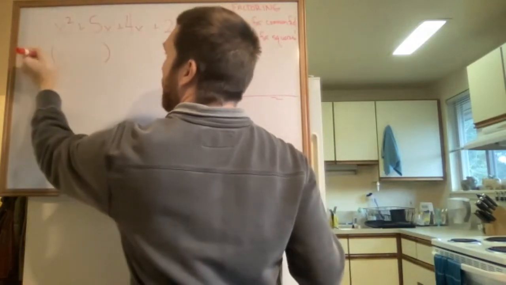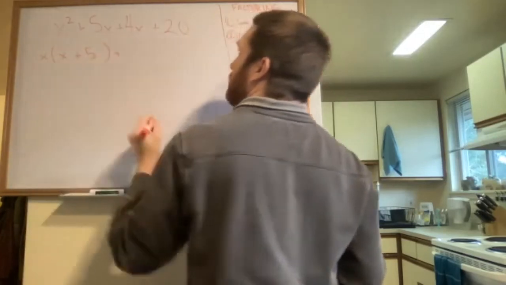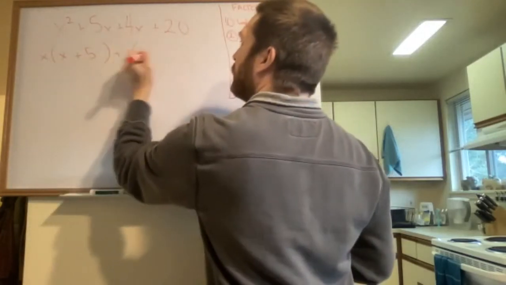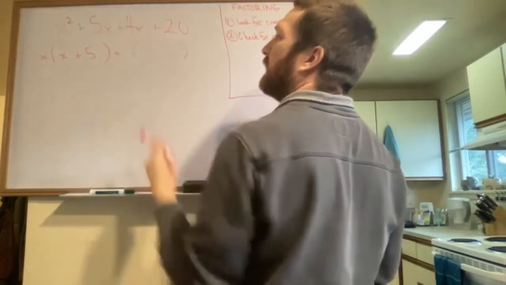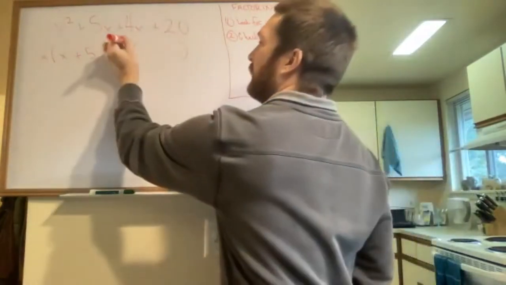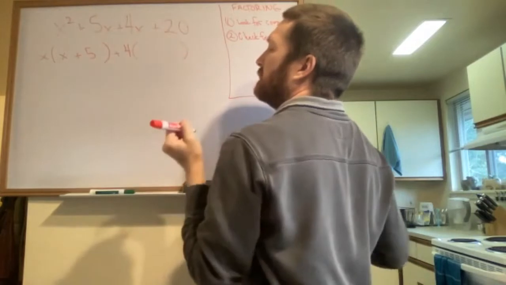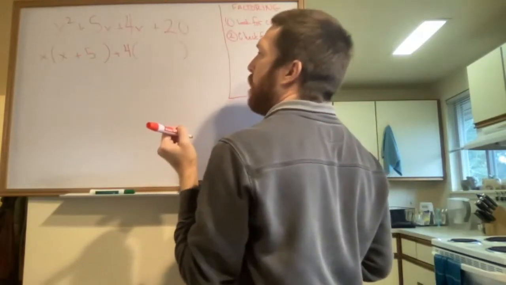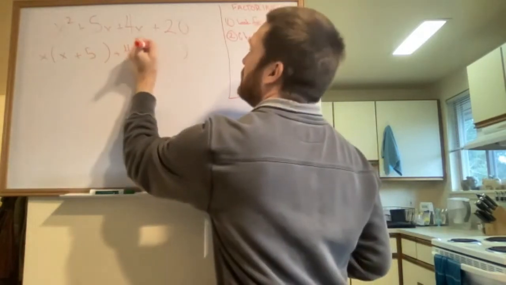There's an x common in each one of those, leaving me an x plus 5. Now, what could I pull out of this? Looks like I could pull out a 4. If I pull out a 4, what will I be left with right here? X plus 5.